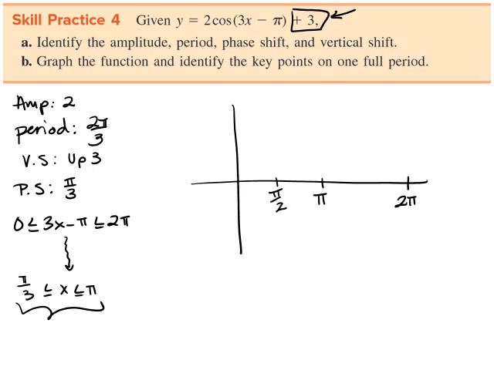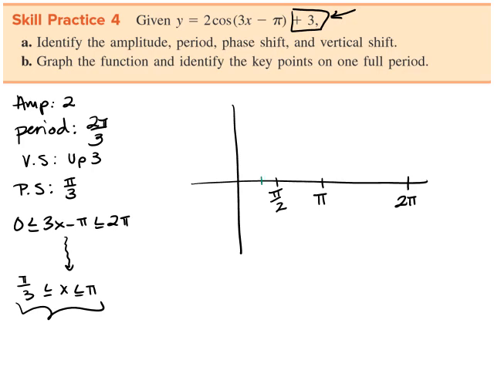Okay, well, here we're going to need to be a little bit careful because we're starting at pi over 3. So if we're starting at pi over 3, we need to keep breaking this interval down. So let's do this. Now, pi over 2 will be helpful shortly, but we know we're going to start at pi over 3.